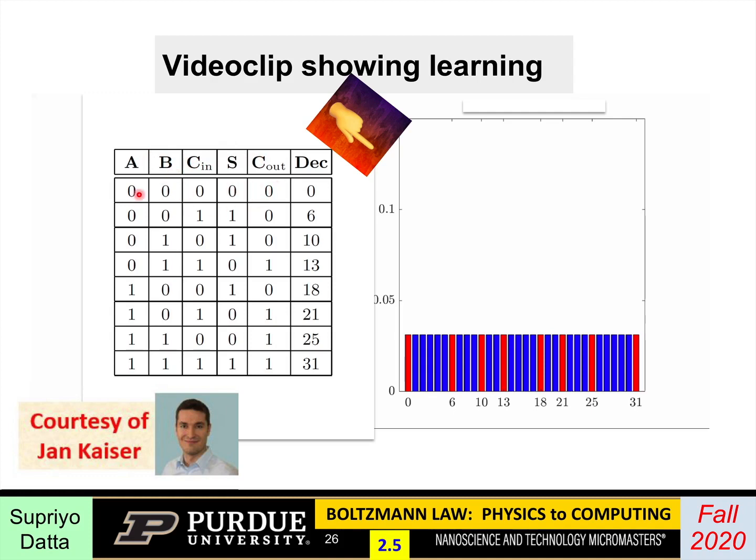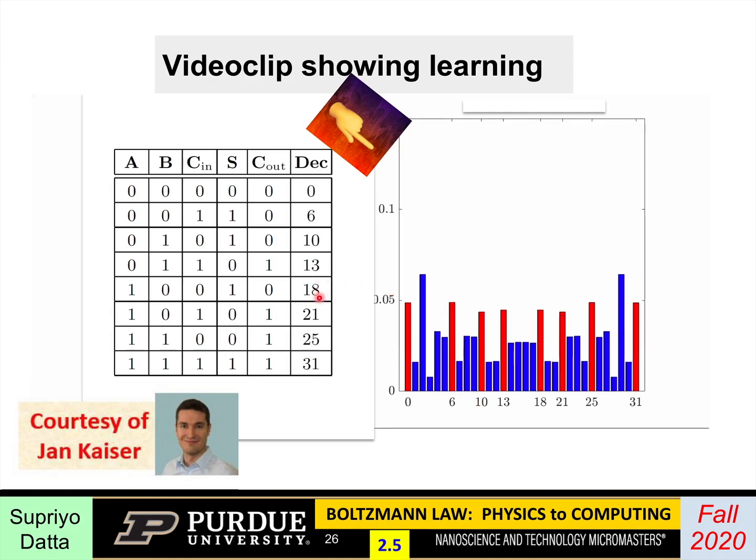What I want is, I've got 5 bits, so there are 32 possibilities, and I want to have these 8 peaks in my answer. The 8 peaks correspond to a decimal value of these numbers. That is, if you take these 5 bits and convert it to decimal, you'd get 0 to 31, these numbers. So those are the peaks. So that's what I've shown here. The red ones are the peaks I want. And at first, let's say I've completely disconnected them, and so they were all equal height.